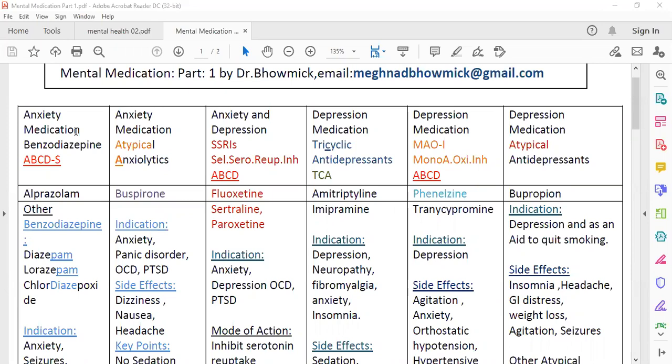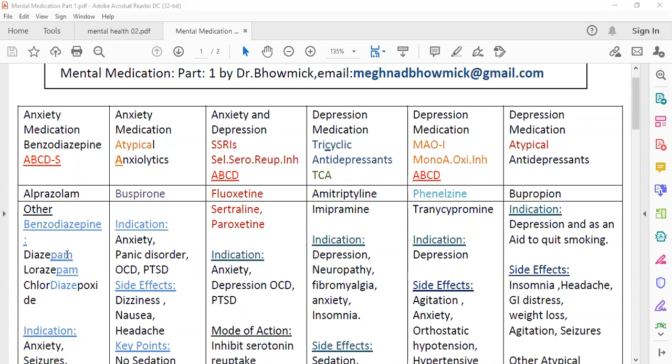The medications that end with -zepam, like alprazolam, clonazepam, diazepam, lorazepam, are members of the benzodiazepines. The most common one used is alprazolam. What are the other benzodiazepines?